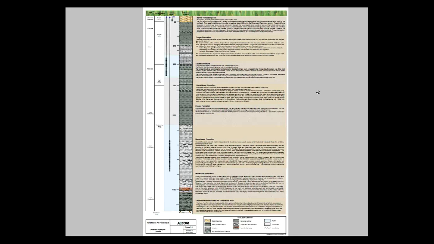Underlying that 50 feet of sand, silt, and clay is something we call the Cooper Marl, or the Cooper Formation. It's not really a marl, but this stuff is really sticky. It's very tight. It's got phosphate nodules in it. I've drilled in this stuff, and it's very difficult to penetrate.